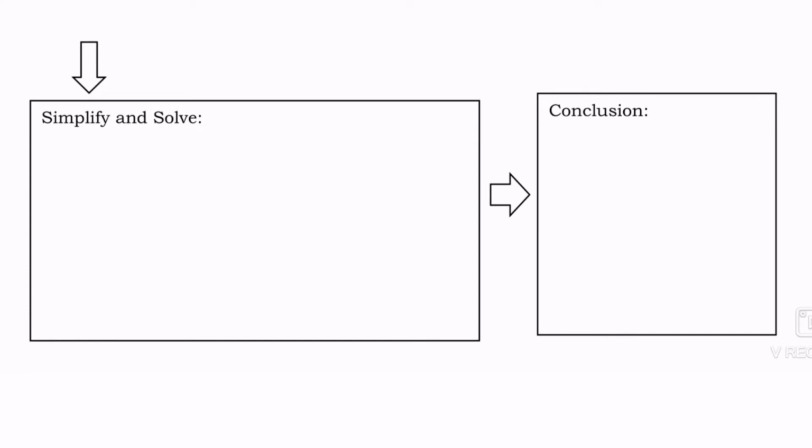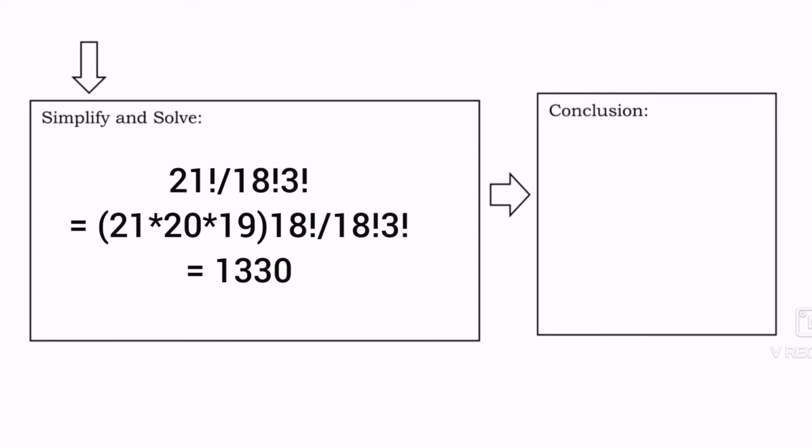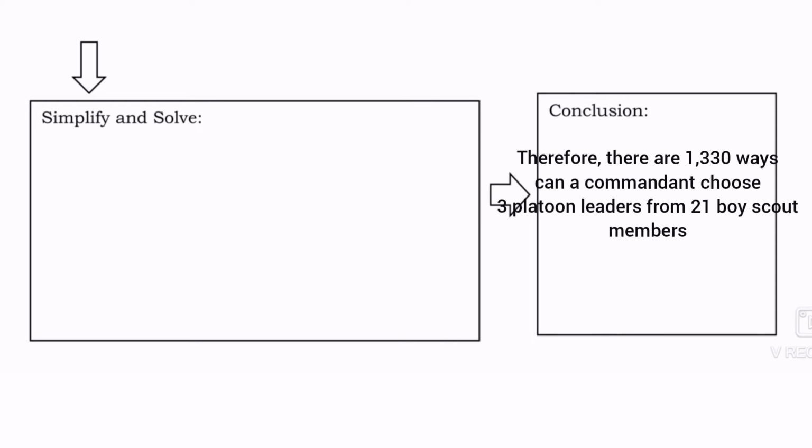Simplify and solve: 21 factorial over 18 factorial times 3 factorial, which is equal to 21 times 20 times 19 times 18 factorial all over 18 factorial times 3 factorial, and the answer is 1330. Conclusion: therefore, there are 1330 ways a commandant can choose 3 platoon leaders from 21 Boy Scout members.